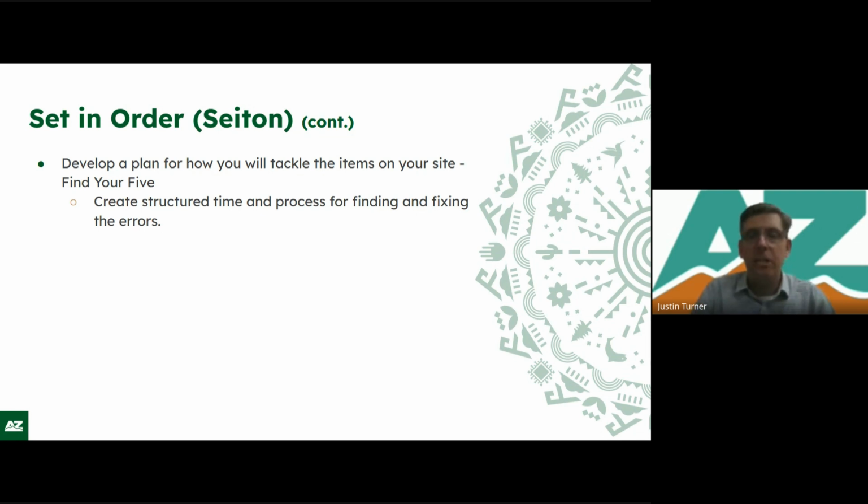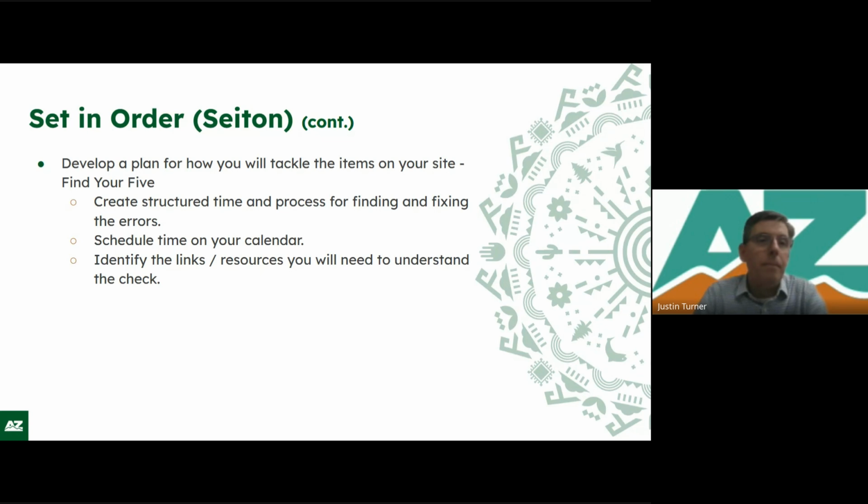Some of the keys to making sure it's set in order are creating structured time and processes for finding and fixing the errors, and making sure it's scheduled so that every week or every 2 weeks you have a set time where your team meets together, works on issues together, and follows that process to start reviewing items and fixing items.